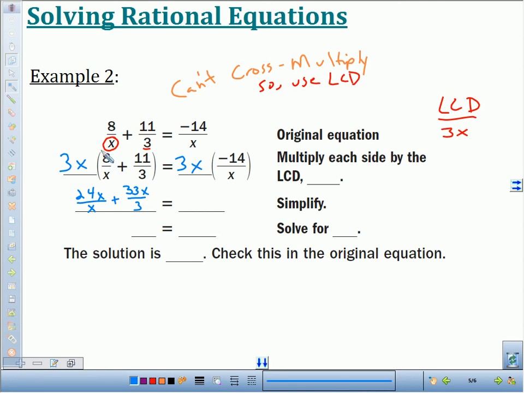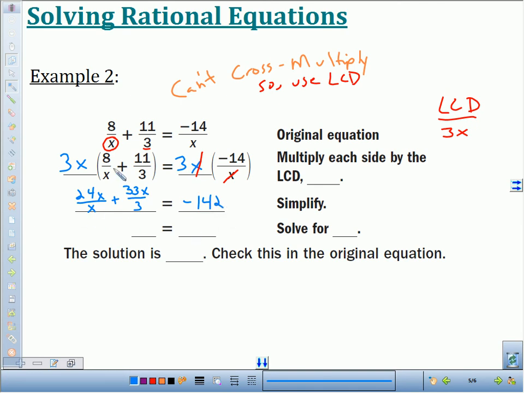Remember, when I multiply, I multiply the whole number by the numerator. On the other side, you might notice that this x and this x cancel out. So 3 times negative 14 is just negative 42.